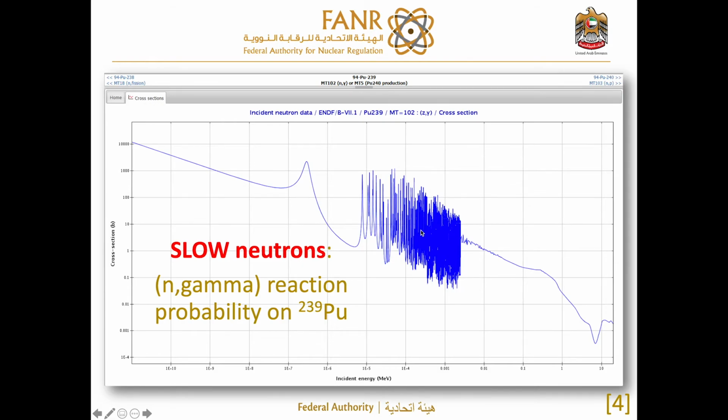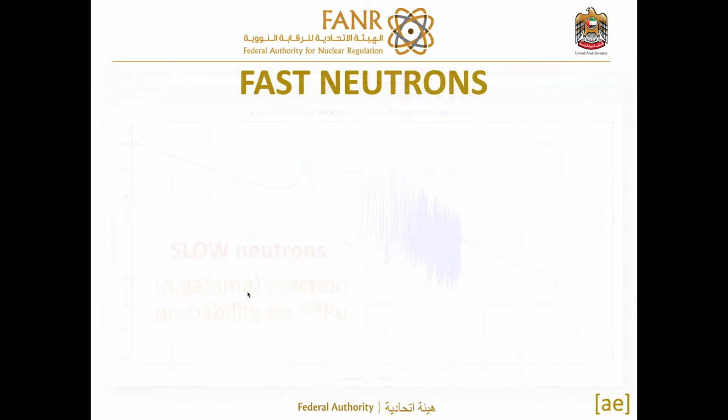Now, for radiation protection purposes, we don't need to go into the details of describing this. Just appreciate that the probability of this interaction decreases almost linearly with increasing velocity, with increasing energy of the neutron. Therefore, low energy neutrons have a much higher probability, this is a log scale, of generating the n gamma absorption reaction in this material.